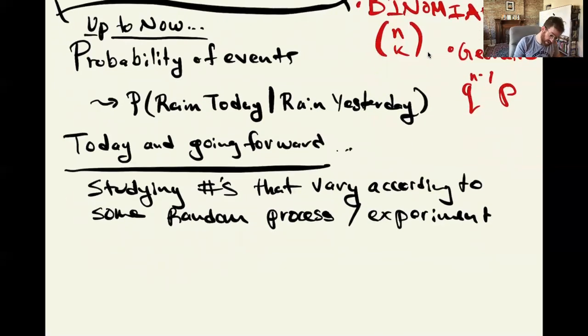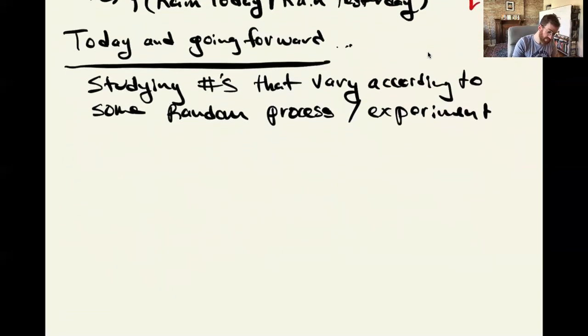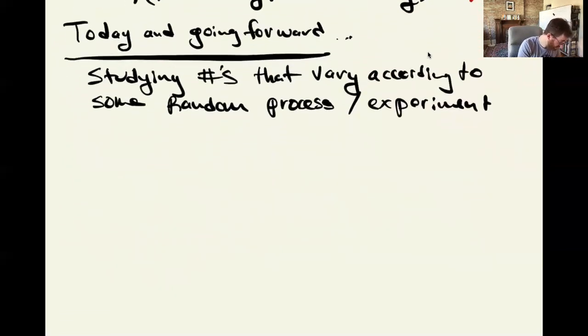All right, so let us go ahead and isolate a definition. And I think it's going to be good to have a picture that accompanies this definition. But let's first get at what we're defining.